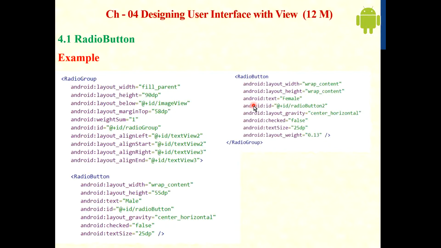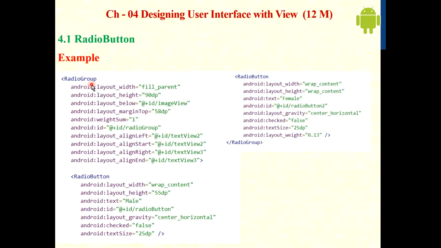In this lecture we saw the button, then the image button, toggle button and radio button. These are the various types of buttons, and in the radio button we saw the radio group. A radio group is a simple collection of similar entities, and we can select only a single entity.